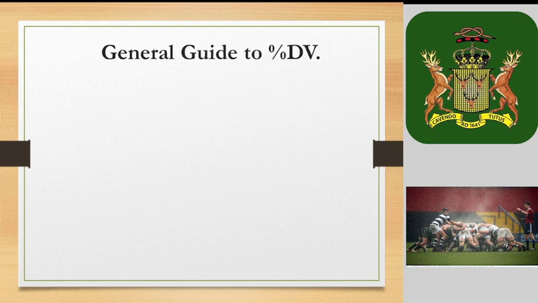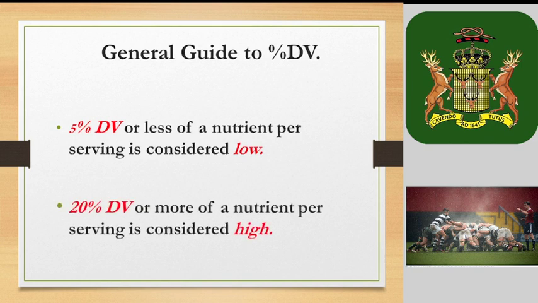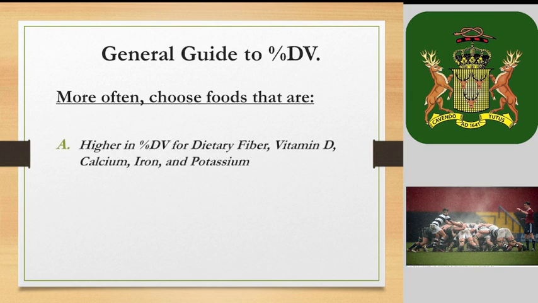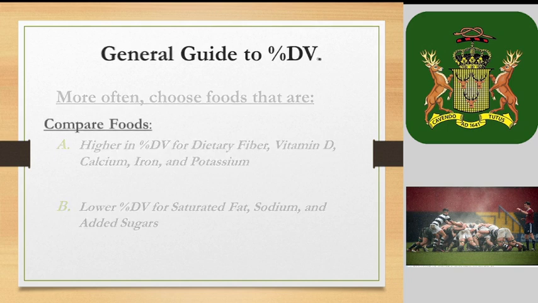General guide to percent of daily value. 5% or less of a nutrient per serving is considered low. 20% of the daily value or more of a nutrient per serving is considered high. More often choose foods that are higher in percent daily value for dietary fiber, vitamin D, calcium, iron, and potassium, and lower percentage of daily value for saturated fat, sodium, and added sugar.